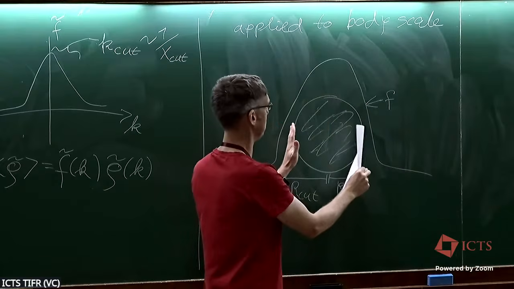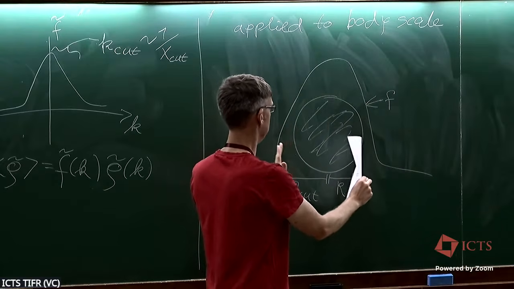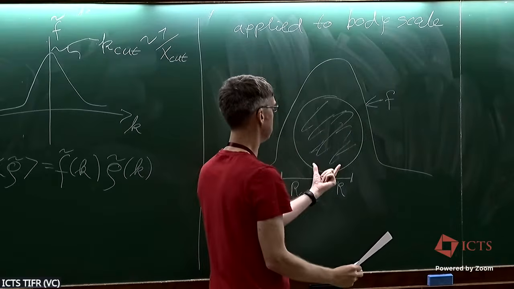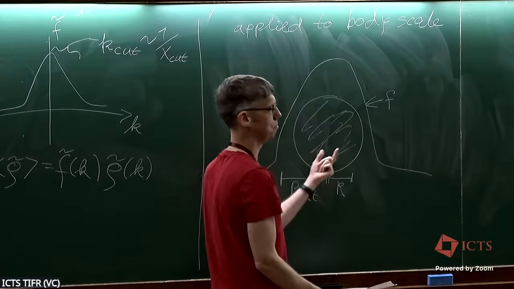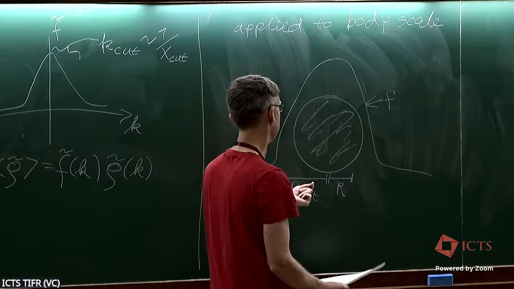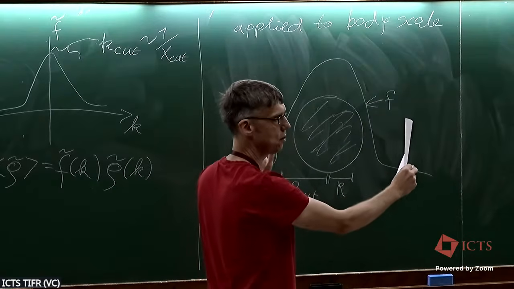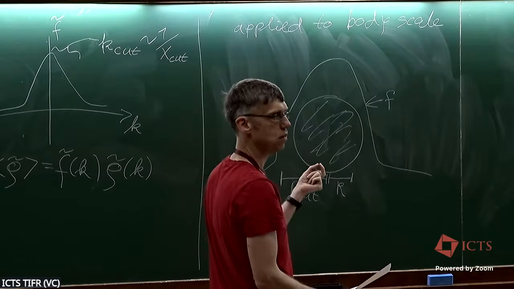Now, roughly speaking, what happens is if we make the cutoff larger than the body, then the body will just become a point particle. So you can think of it as looking at the system with a camera, and you can zoom in and zoom out of the system.